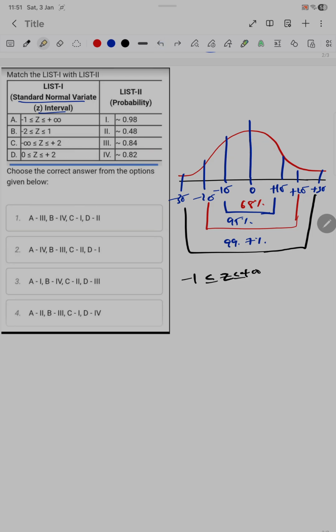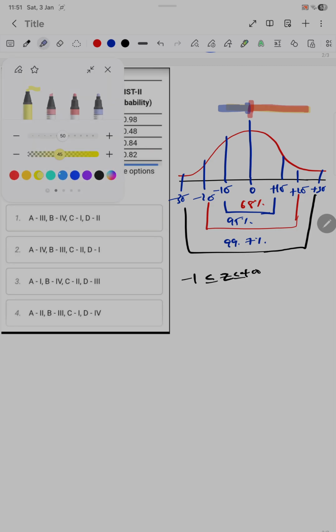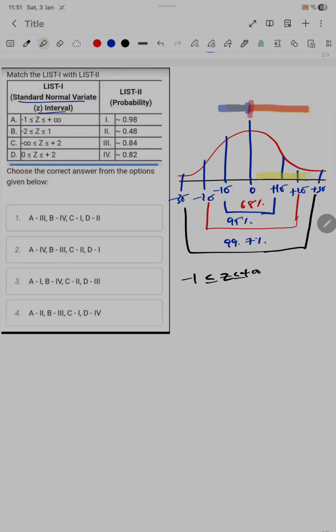Before that, we have to see carefully that this full area is divided into two parts. One is this part and the next one is this part, right? So for that we are going to see now. First let us see this part, that is 0 to +3, and so on, that area.